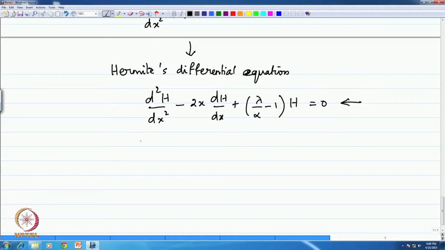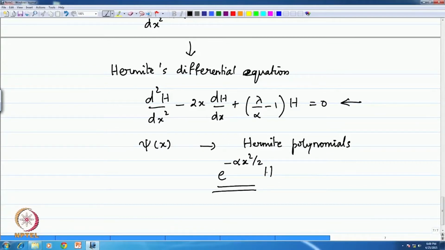What is important is the wave functions psi are going to be associated with what are known as the Hermite functions or Hermite polynomials, and will also have a component called the Gaussian, which is e to the minus alpha x square by 2. This Gaussian and the Hermite polynomials H n root alpha x determine the solutions of the harmonic oscillator. The mathematics is involved, we do not need to worry about it.